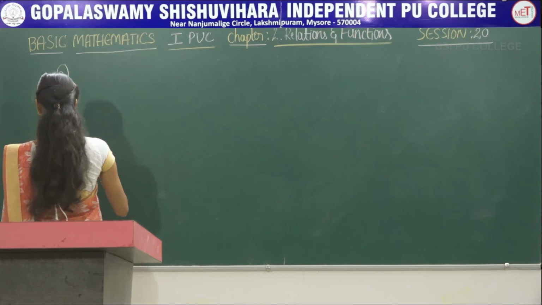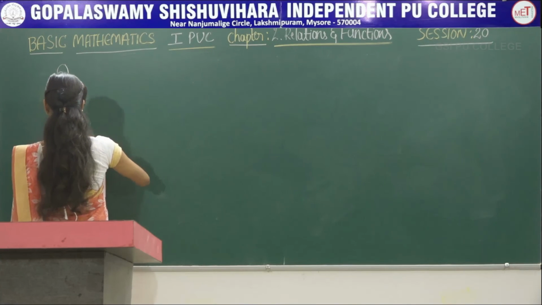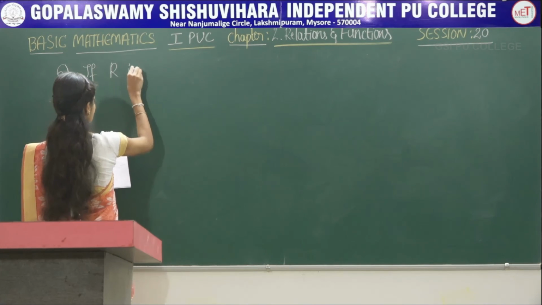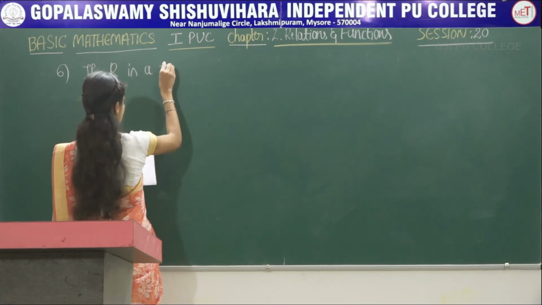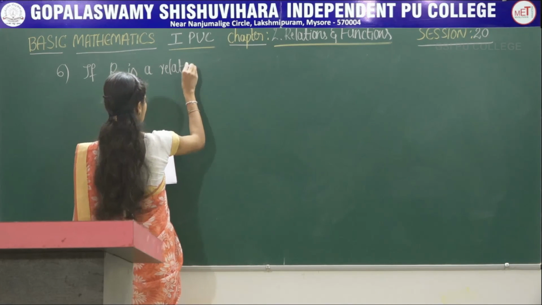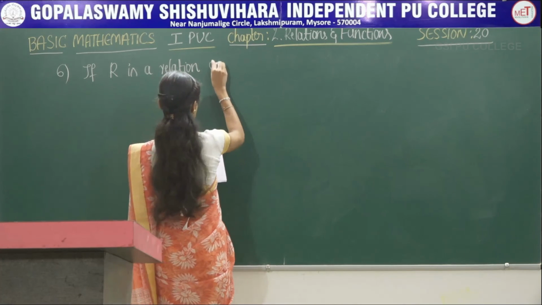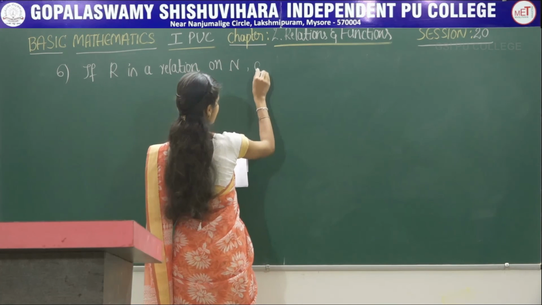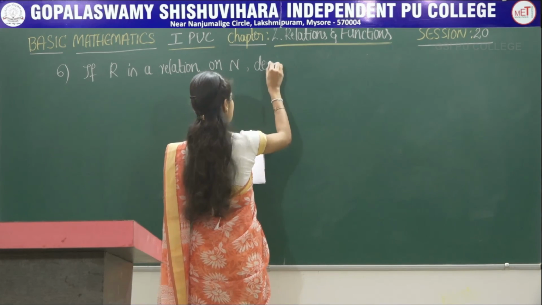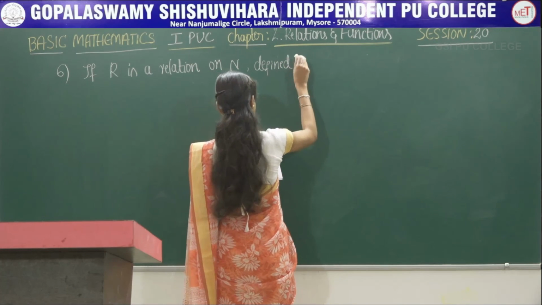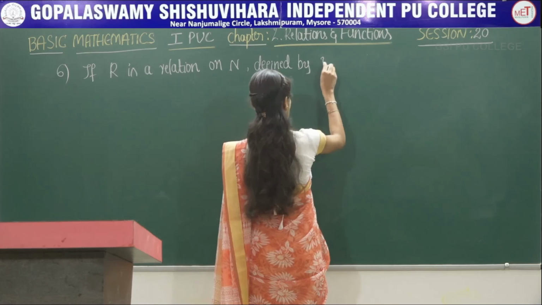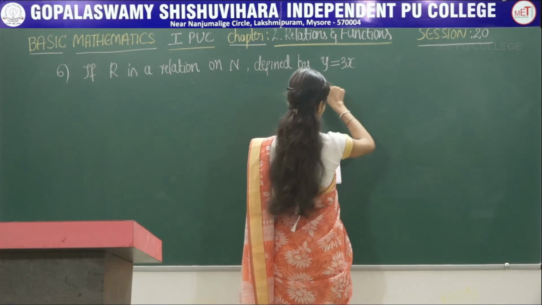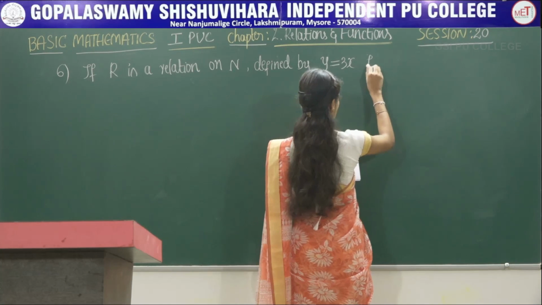Next question, the sixth one. If R is a relation on N, the set of all natural numbers, defined by y is equal to 3x. Here the condition of the relation is y is equal to 3x.